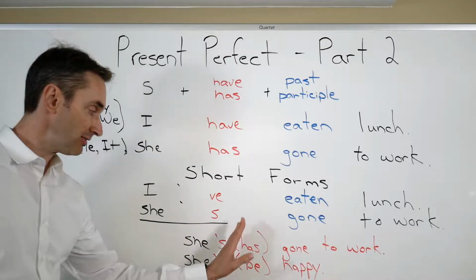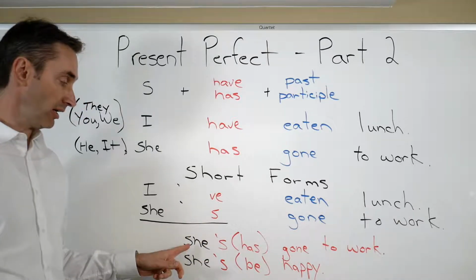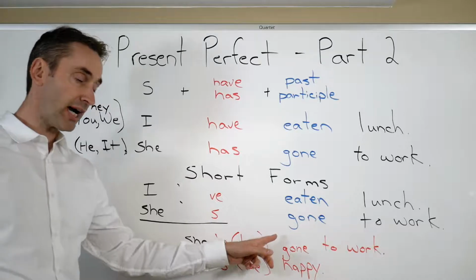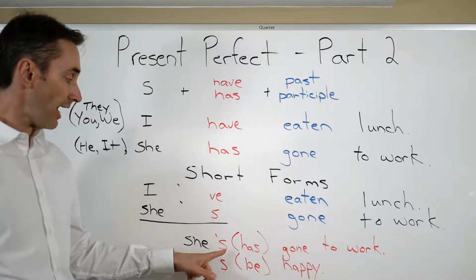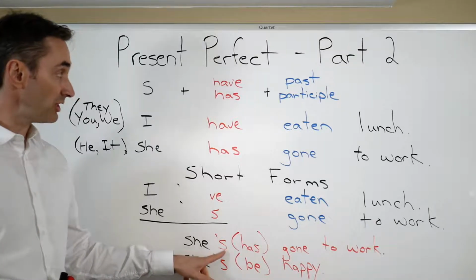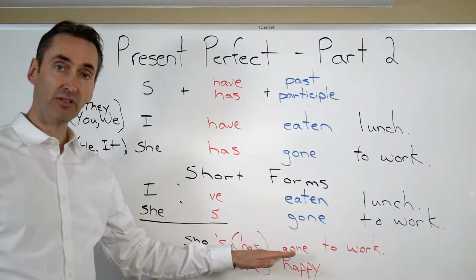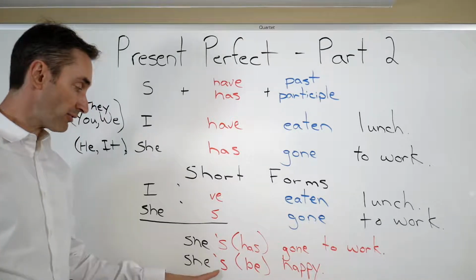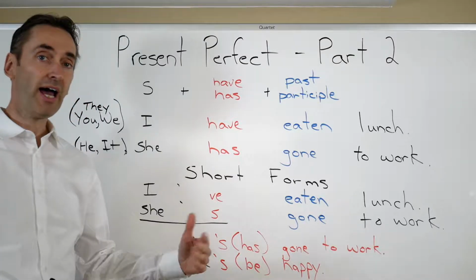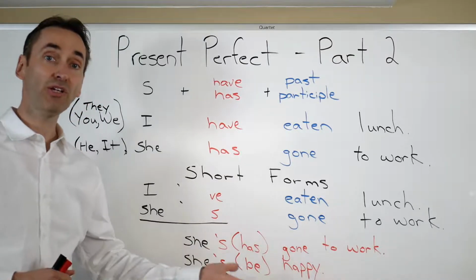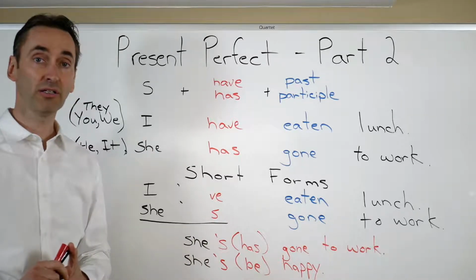So we can't really tell the difference just by looking at the have or has form and the subject. We need to look at the words after that. If there's a past participle after the short form of she's, then we know that this is a present perfect sentence. If after the she's there's a noun, or an adjective, or a location, or something like that, then we can guess that it's a be verb instead.